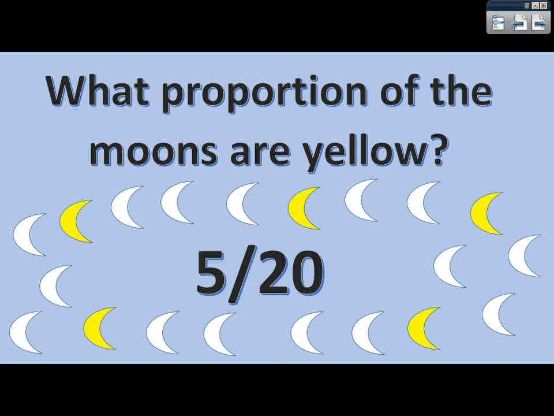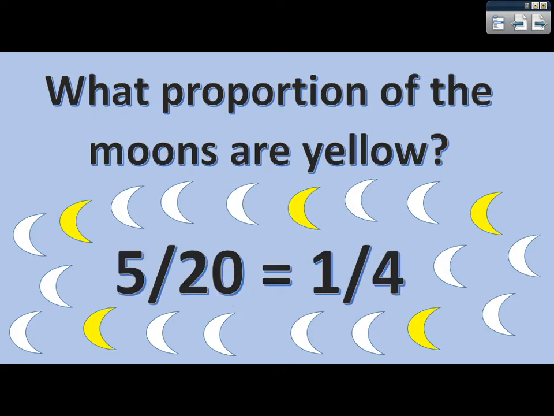Divide both those numbers by 5, and you'll get a simpler version. 1/4, 1 out of 4. 5 divided by 5 was 1. 20 divided by 5 is 4. So if someone asks you what proportion of the moons are yellow, well, it's 5 out of 20, but we have to simplify when we're doing proportion. So we'll say 1 out of 4 are yellow. I'll show you how this works now.